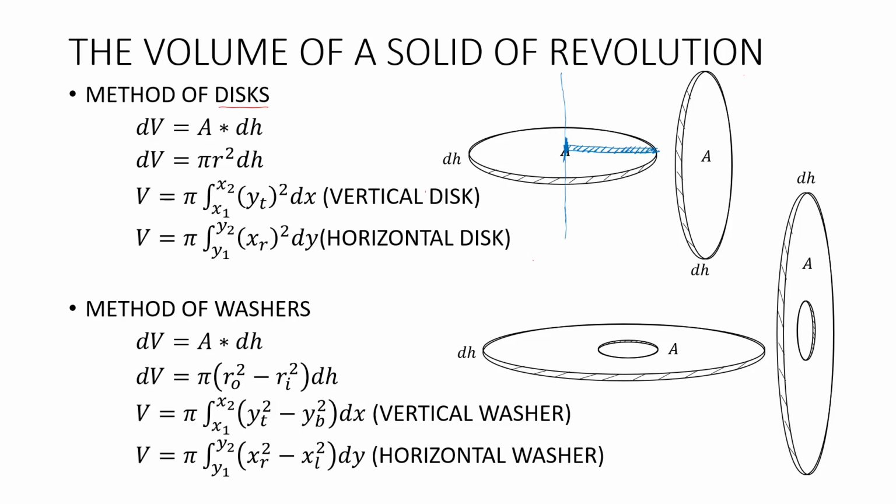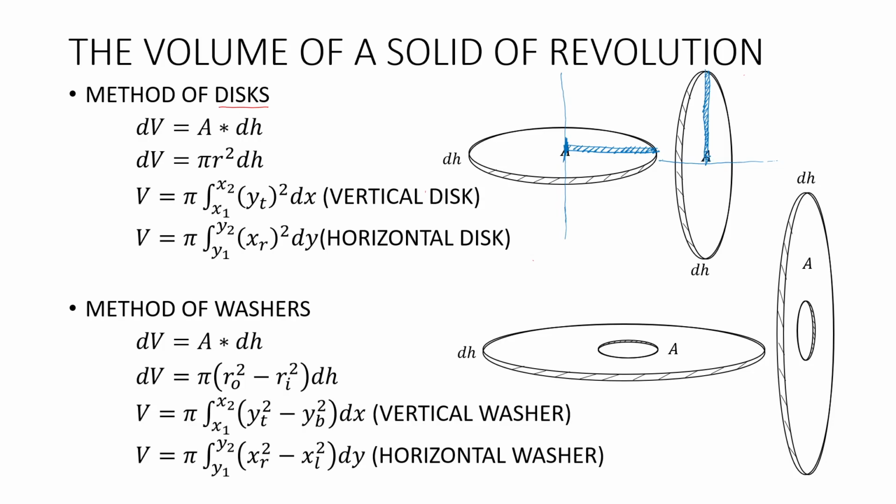Okay. So let's say, for example, the vertical strip. Let's say this one is the vertical strip. Notice that y top is touching a certain equation, which we don't know yet. The bottom part of the strip, y bottom, is touching the x-axis.